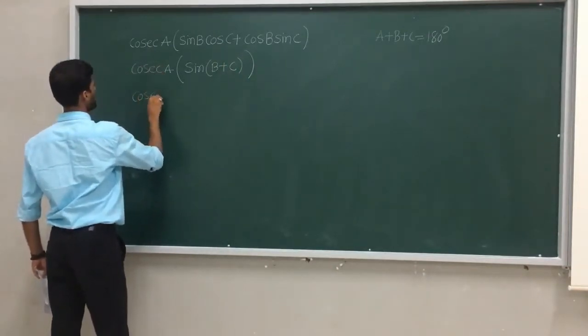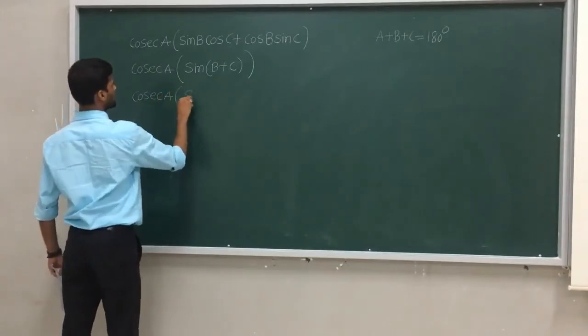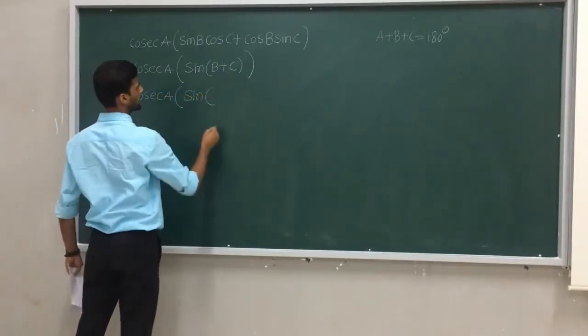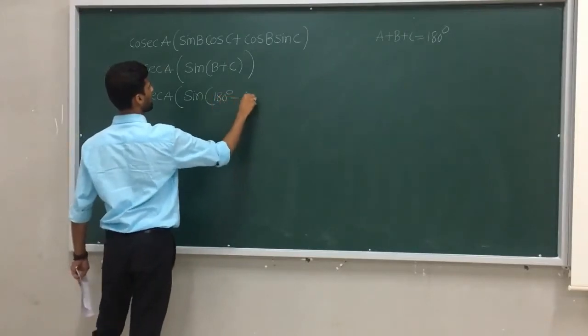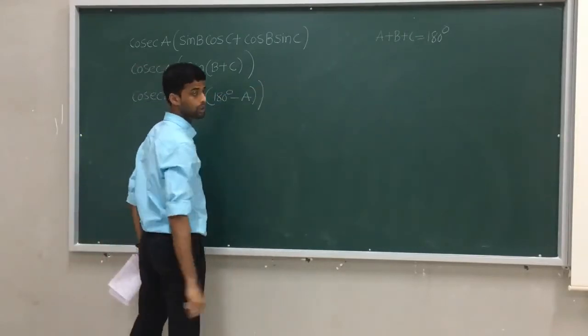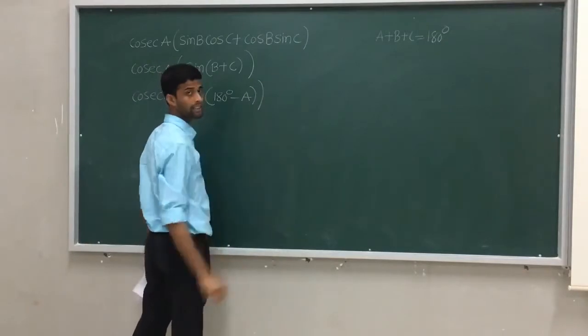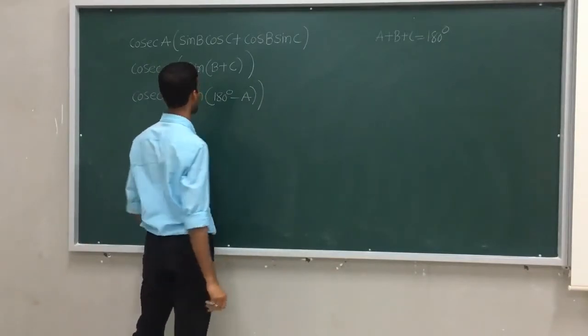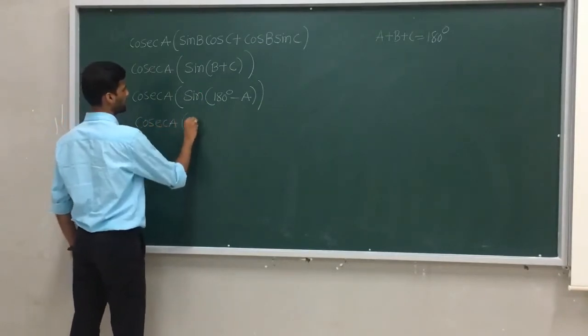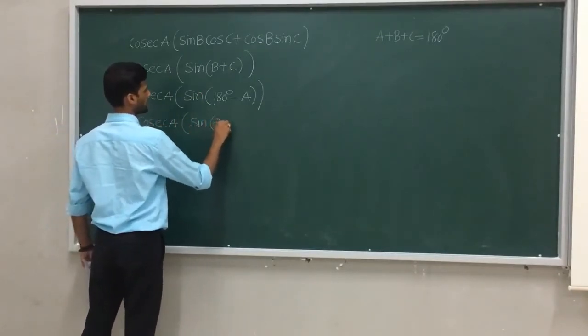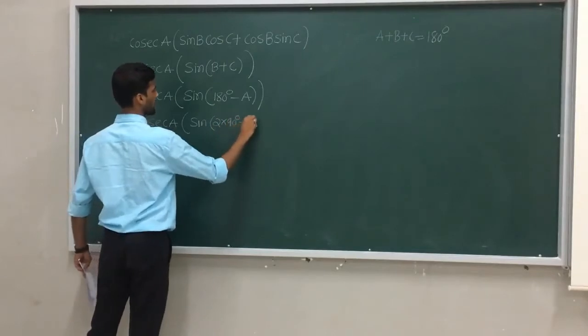We will do cosec A into sin of B plus C, which can be written as 180 degree minus A by this particular data, because in a triangle the sum of the angles is 180 degree. Now we have cosec of A into sine of 2 times 90 minus A.